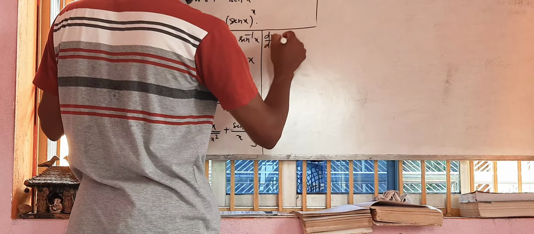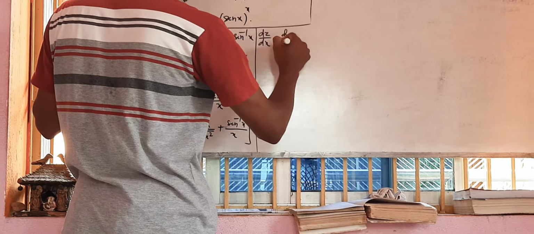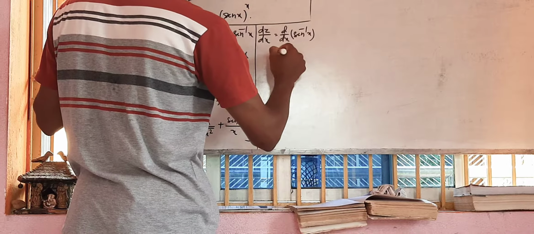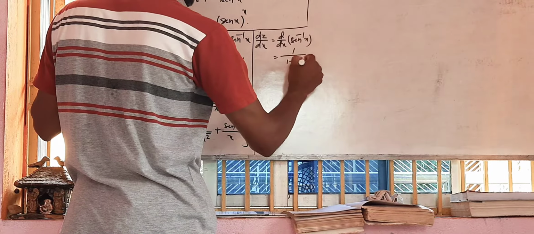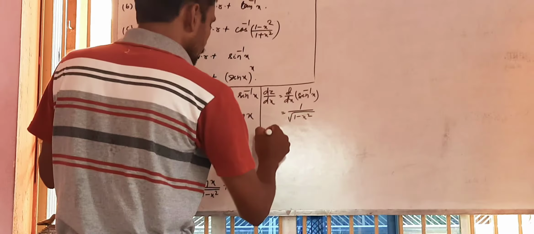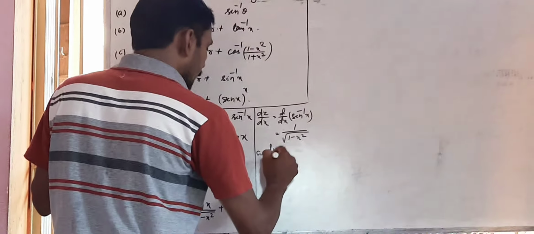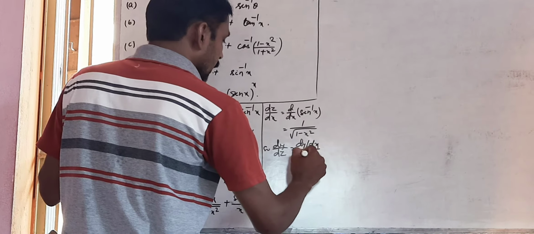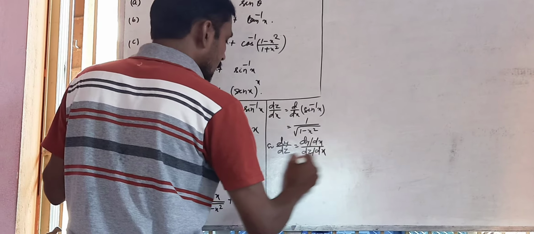dz by dx. This is d by dx of sin inverse x. This is 1 by square root of 1 minus x square. So dy by dz, that is dy by dx by dz by dx.